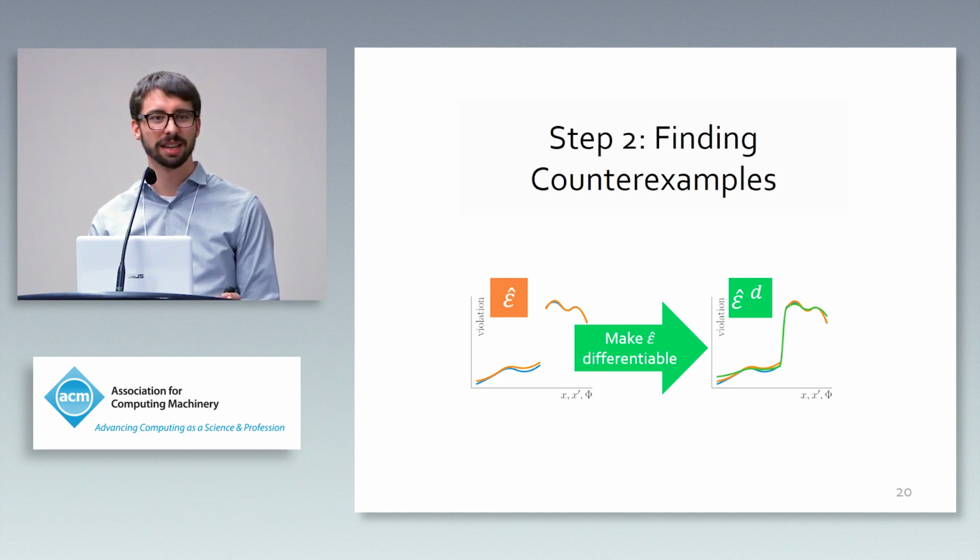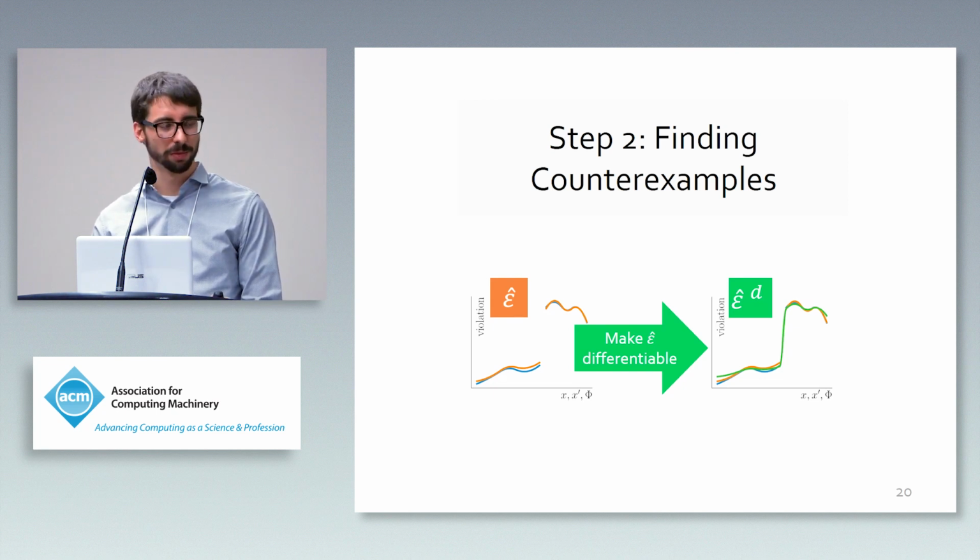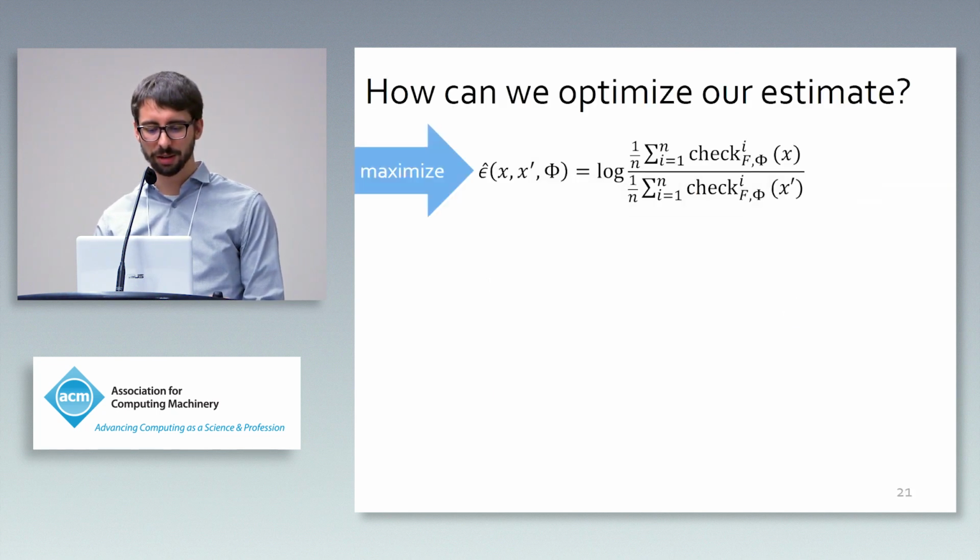So let me also talk about the second step, which is actually finding good counterexamples. Before we just estimated the epsilon for a particular counterexample. Now we want to iteratively improve those. And the way we do this is by making the estimate differentiable. So recall that we wanted to maximize this estimate, but the problem is that this estimate is a log ratio of 2 estimates, and these estimates are not actually differentiable.